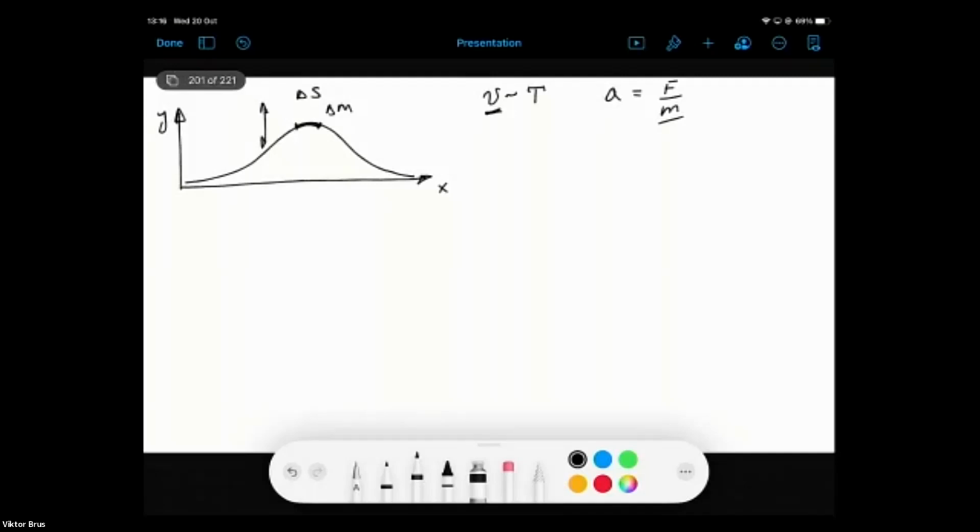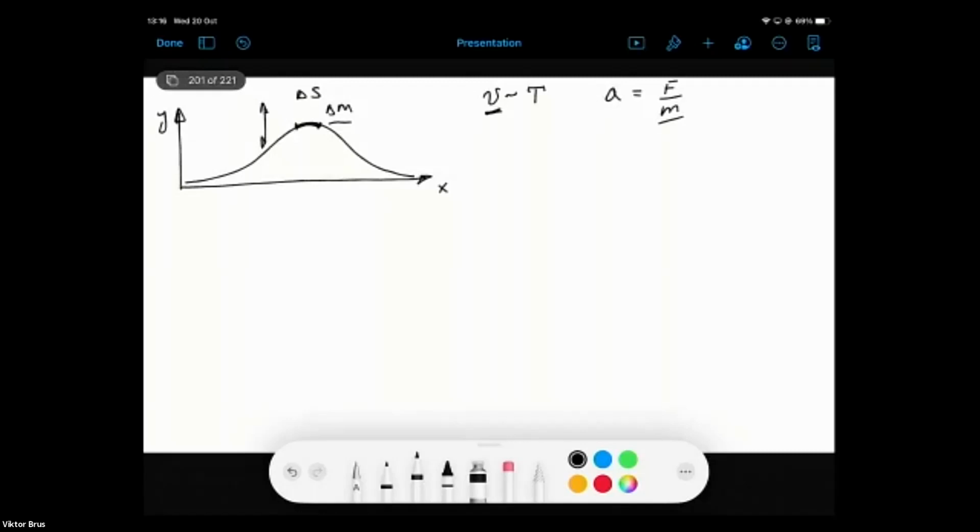And that's why we should not operate with element mass delta m, because it's a parameter which depends on the length of this segment delta s. So it's not a feature of the material from which this string is made and its shape. It's also a function of the length of the segment.